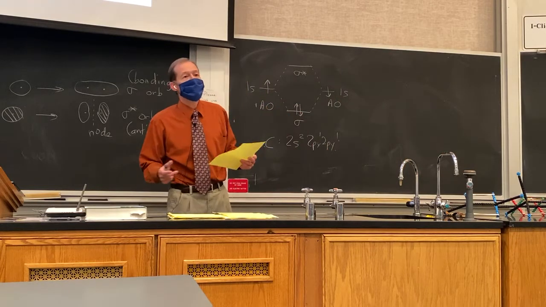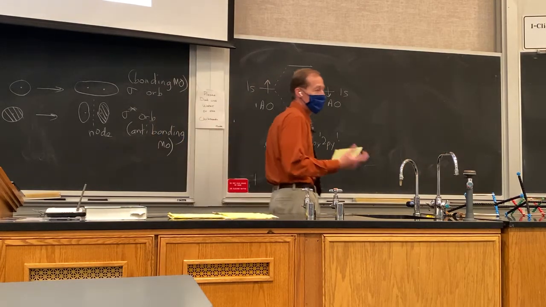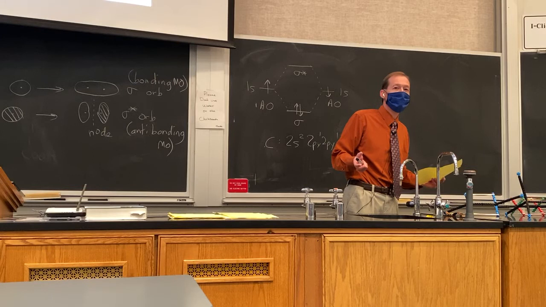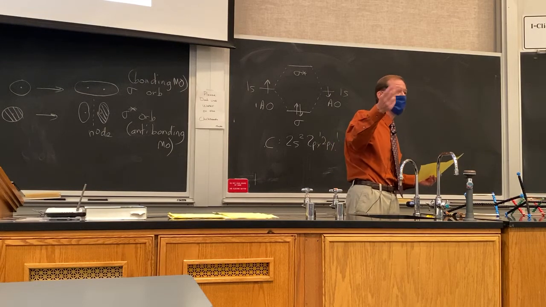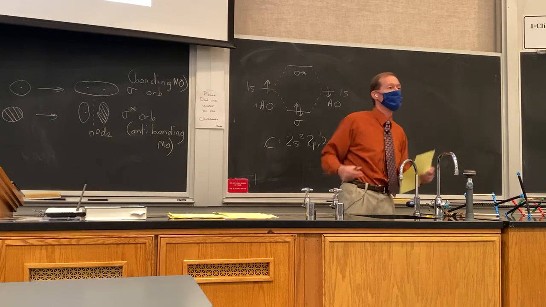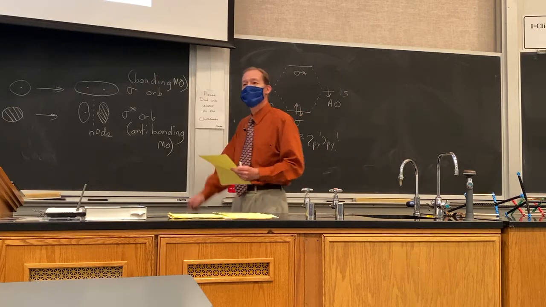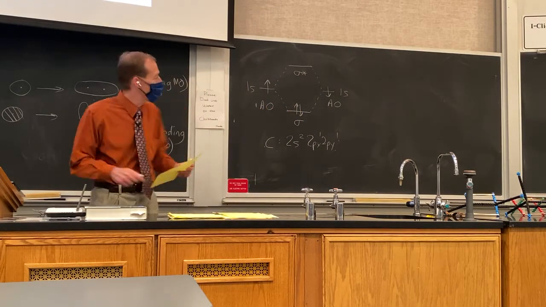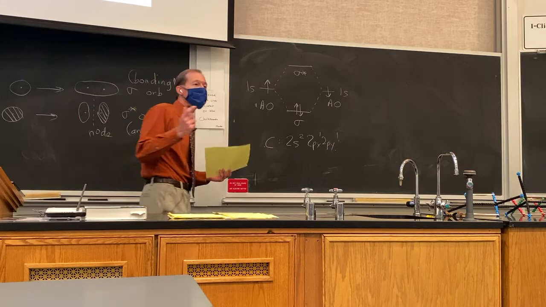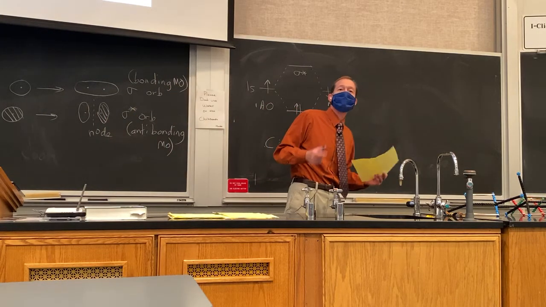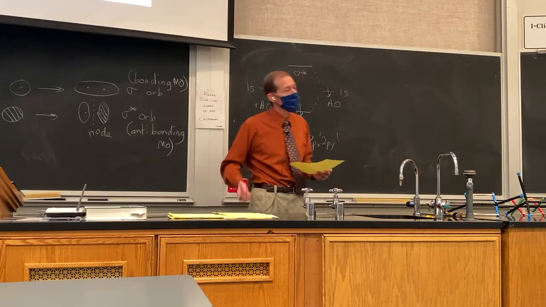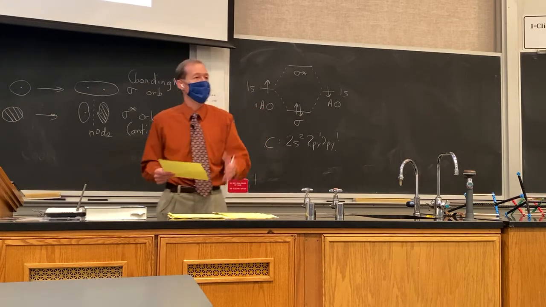Based on that, how many bonds would you expect carbon to form? It has those 2 half-filled orbitals, so it could form 2 bonds. Yes, but we know that carbon can form 4 bonds. That's not consistent with this picture. Who would like to raise their hand and explain to me how we can rationalize the fact that carbon forms 4 bonds?